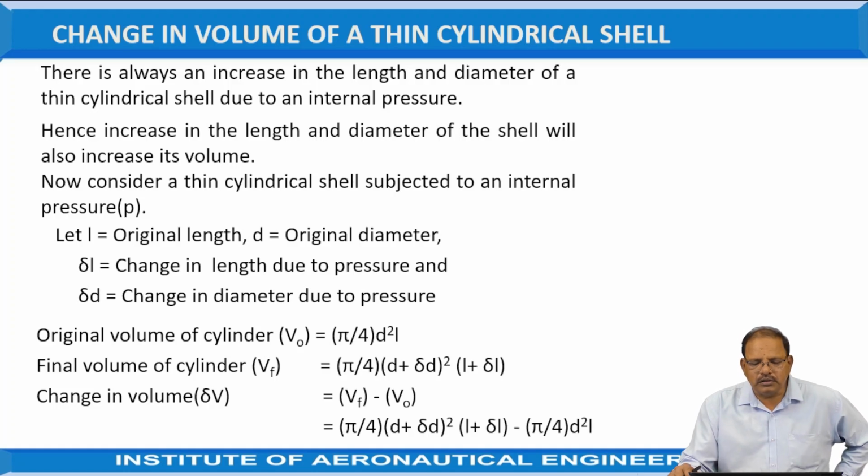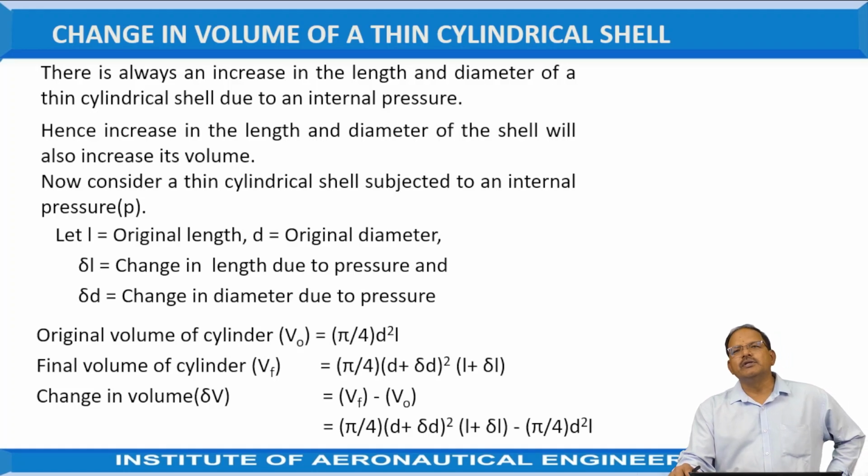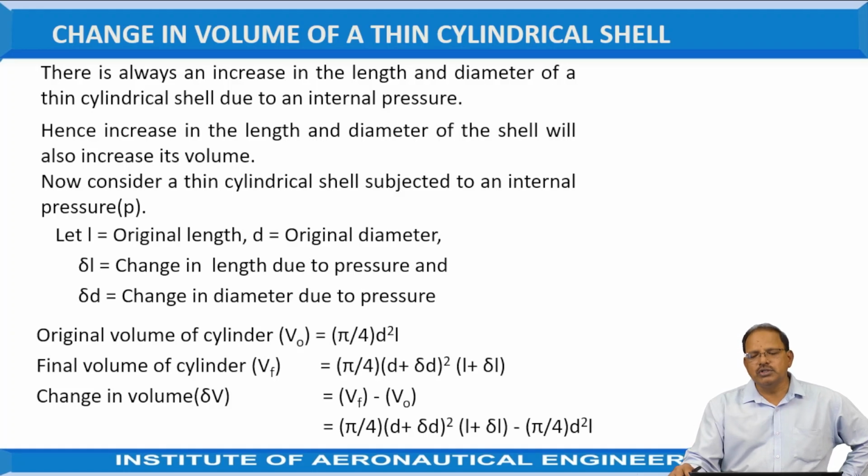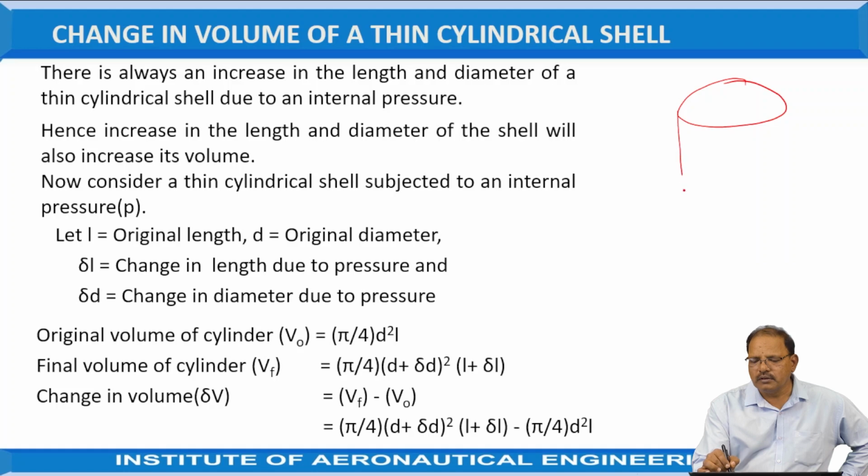In order to determine the volumetric strain, first we consider L as the original length of the cylinder, D as the diameter of the cylinder, delta L as the change in length due to pressure, and delta D as the change in diameter due to the pressure.